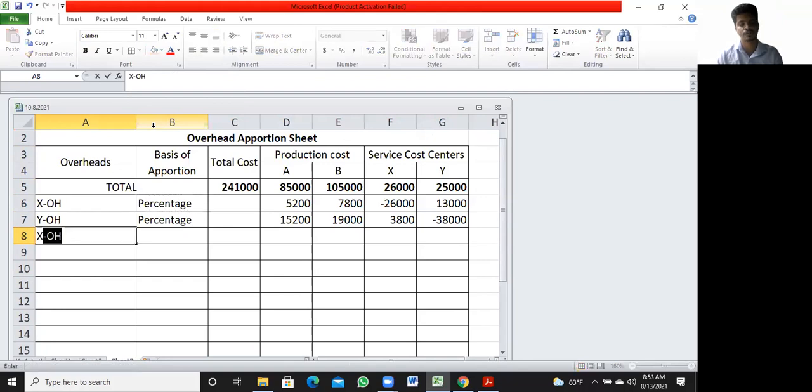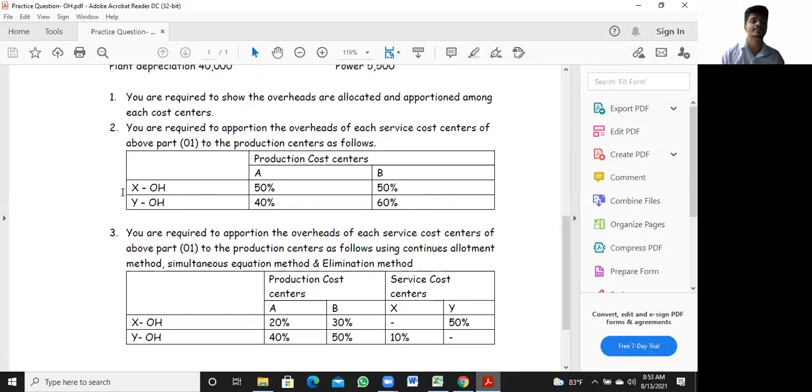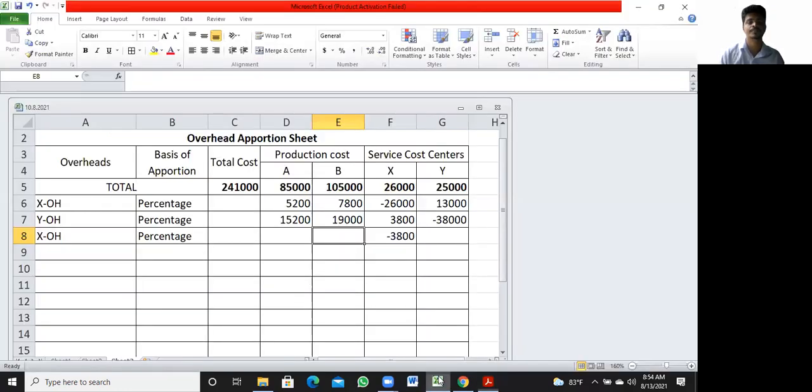Now again we are going to distribute the overhead cost of X. Now we have the cost in service cost center X, 3,800. We need to deduct that one. X distributes 20%, 30%, 50%.